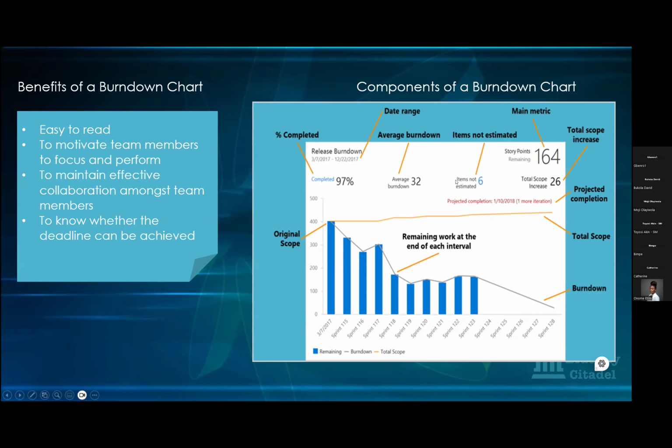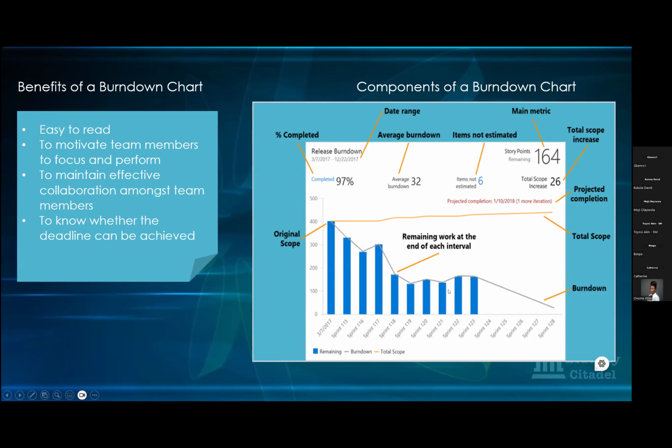And then you have items not itemized. So if there are any user stories on the board that have not been itemized with story points, because this chart is tracking story points, as you can see here. If it were tracking user stories, it would just have work items here.